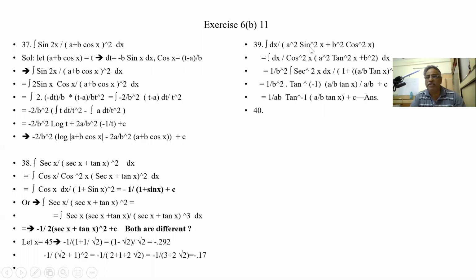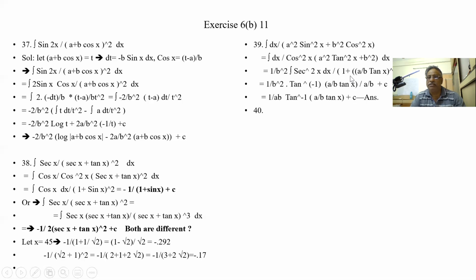Integral dx by a square sin square x plus b square cos square x. So I want this in integral form. So what I am doing is I am taking cos square x outside. So this is a square tan square x plus b square. So 1 by b square, I am taking this b square also out. Integral dx by cos square x is secant square x into 1 plus tan x whole square. So this is a differentiation of tan x.